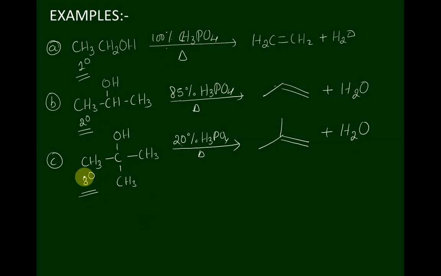For the conversion of tertiary alcohols into alkenes, only 20% concentrated acid is required. But for secondary it is 85%, and for primary it is still more. What does it indicate? Tertiary alcohols are more reactive than secondary, and secondary alcohols are more reactive than primary alcohols. That is the rate of dehydration.